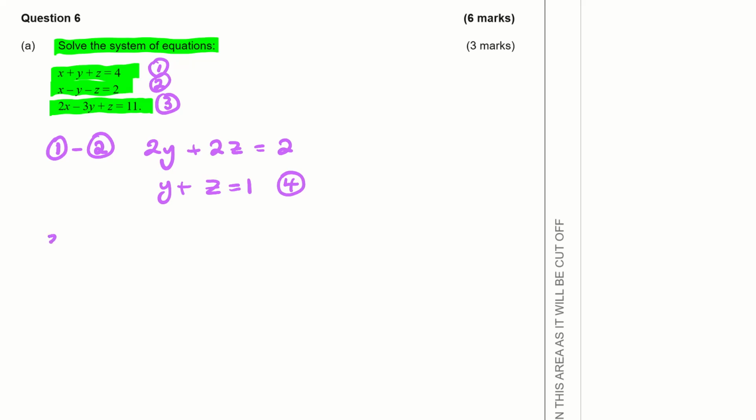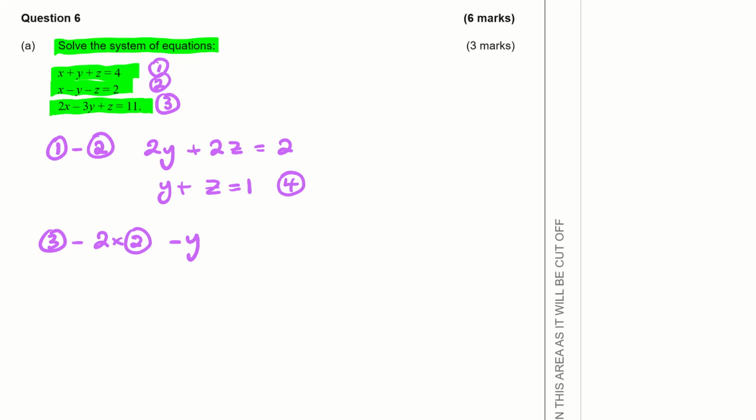If I then do equation 3, take away 2 lots of equation 2, I've got 2x take away 2x, so that goes. Negative 3y take away negative 2y, so that's just going to leave me with a negative y.